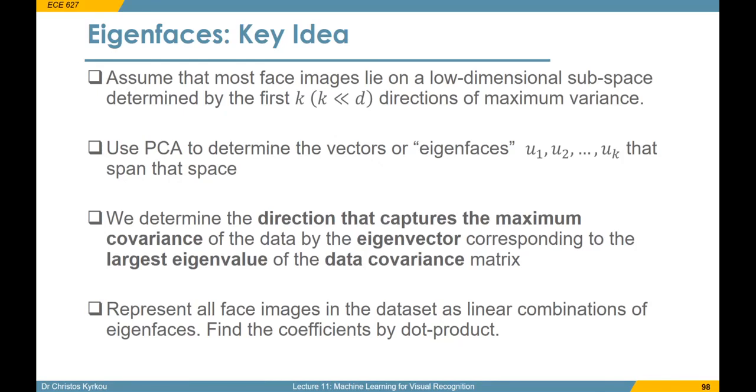The first k directions of the maximum variance. If we want to find those maximum variance directions, we use PCA to give us those k directions. So we determine the direction that captures the maximum covariance of the data through the eigenvector that corresponds to the largest eigenvalue of the covariance matrix.